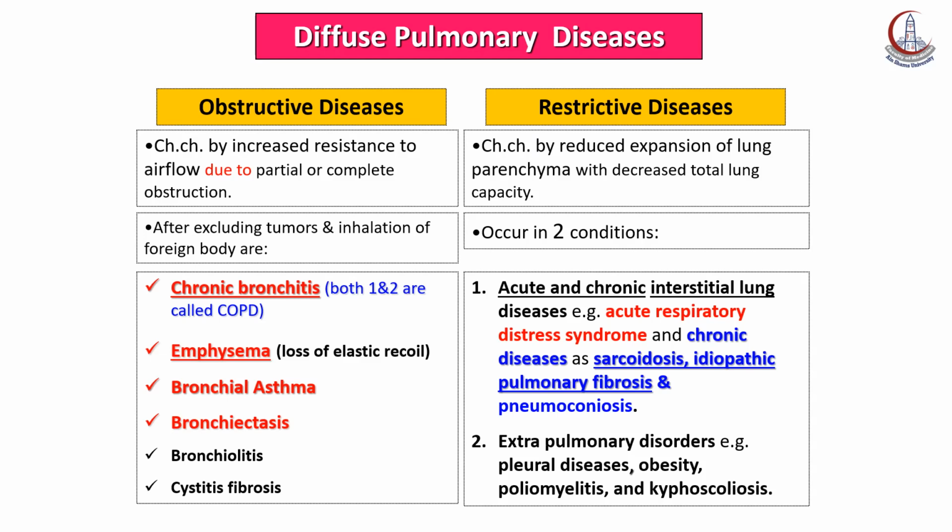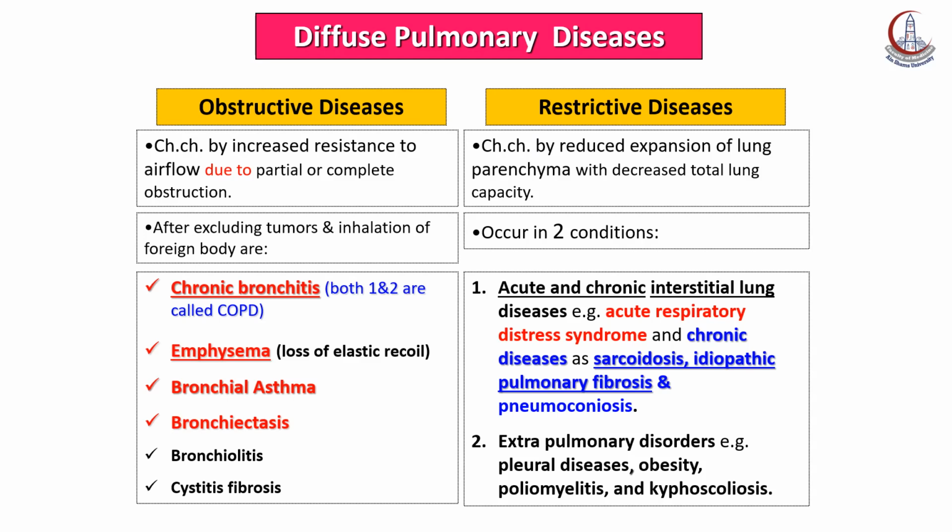What about restrictive lung diseases? They are characterized by reduced expansion of the lung parenchyma with decreased total lung capacity. They occur in two conditions, either acute or chronic interstitial lung diseases, such as acute respiratory distress syndrome. What we are concerned with today are chronic diseases, which are sarcoidosis, idiopathic pulmonary fibrosis, and pneumoconiosis.